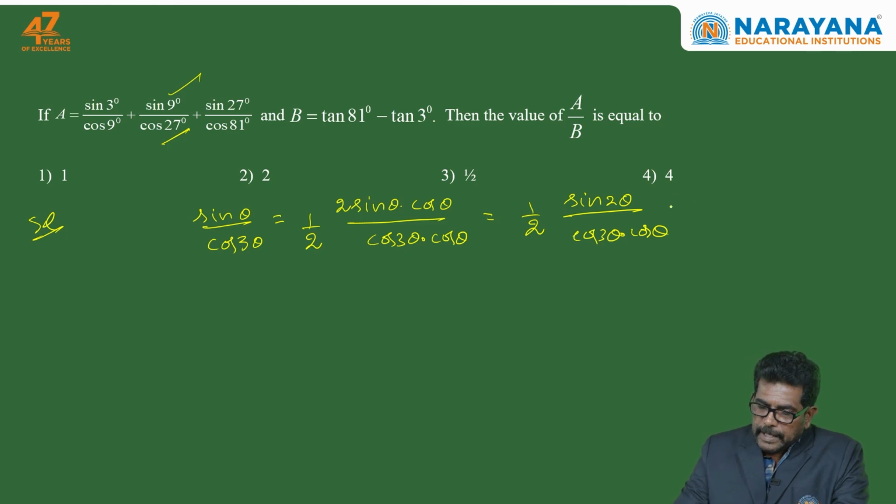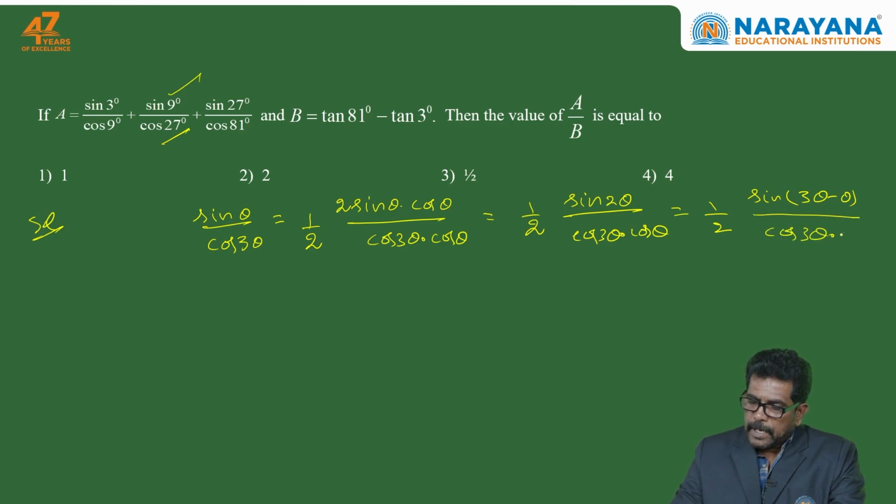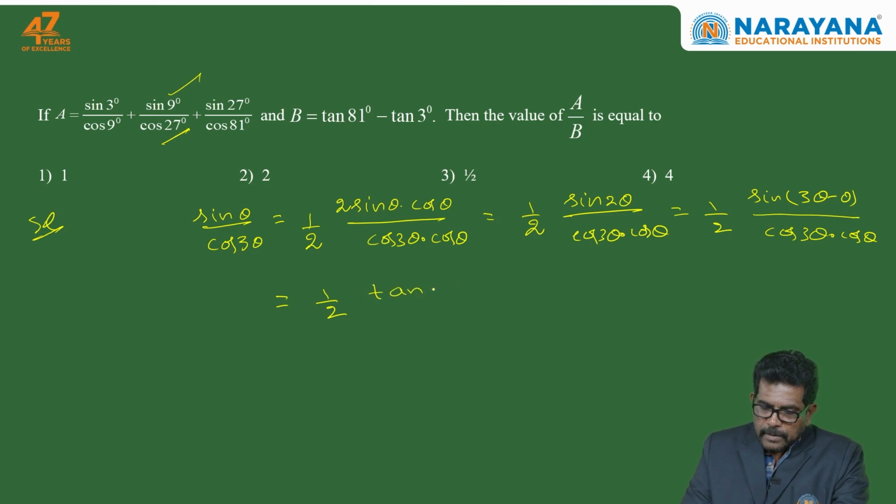Now this sin 2 theta can be written as sin of 3 theta minus theta. In terms of the denominator arguments, I am expressing the numerator: sin of 3 theta minus theta upon cos 3 theta into cos theta. Now this is equal to 1 by 2 times of, sin A minus B formula we are using here, sin A cos B minus cos A sin B, and with the proper cancellations, it gives us tan 3 theta minus tan theta.